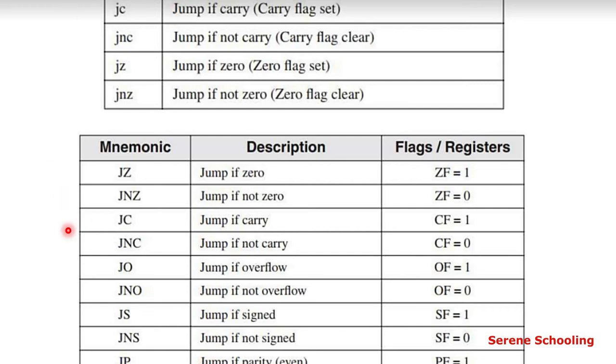These are all jump instructions. First we have JC, which means jump if carry. When we perform the compare instruction, our flags get set, and based upon those set or cleared flags, the jump instructions work, and together they make up a conditional structure, right?